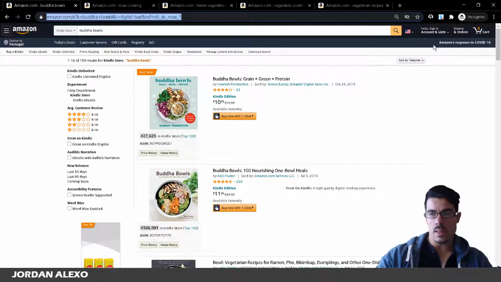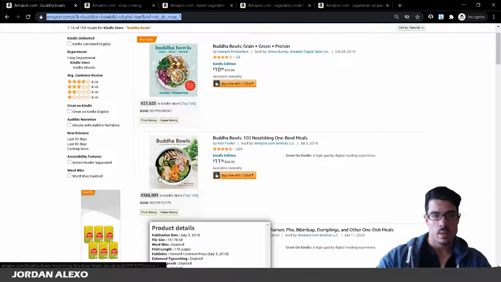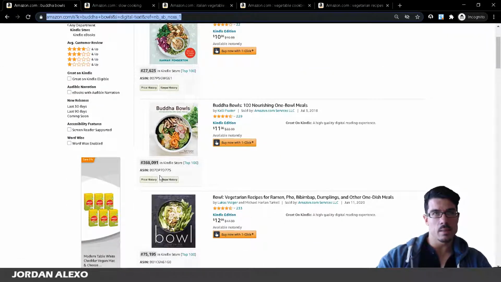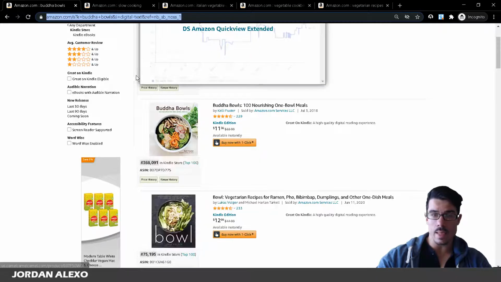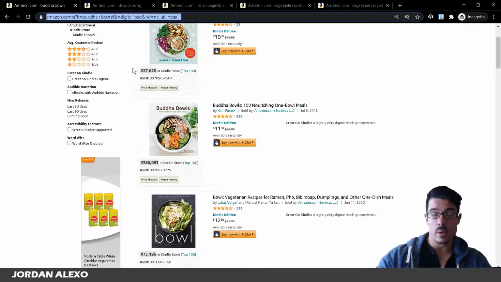As you can see, since I have Amazon Quick View, I can see the sales rank, or the paid in Kindle store rank, for each book. Basically, the lower the number, the more it sells.